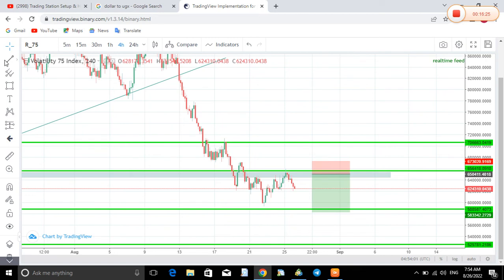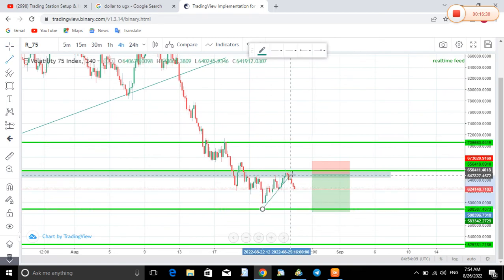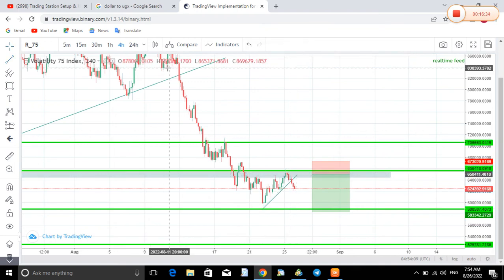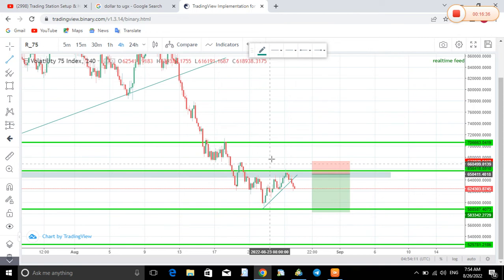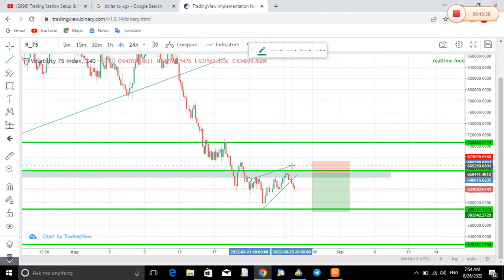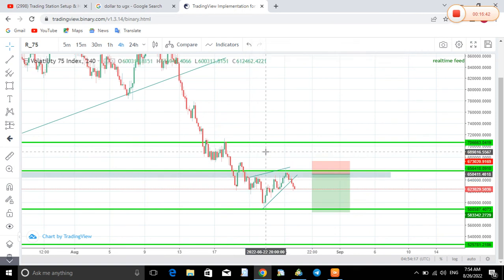Now if you try connecting also our support and resistance trend lines, you can clearly see that we also have a bearish flag. I don't know whether you guys can also see it. We also have a bearish flag on this particular level.